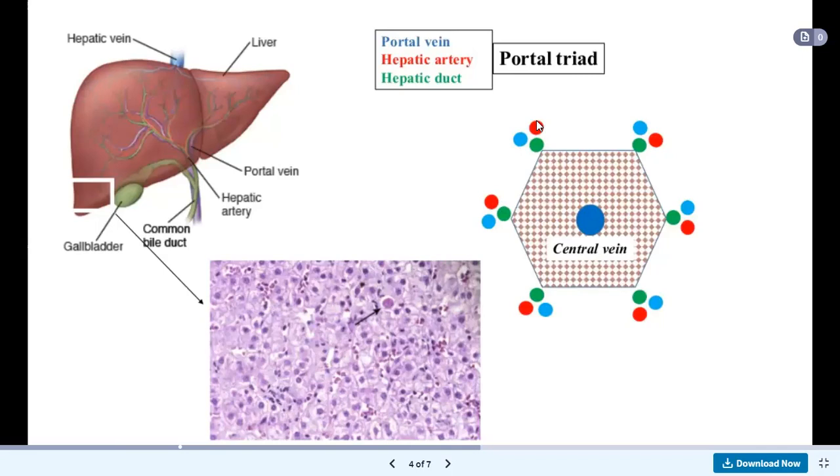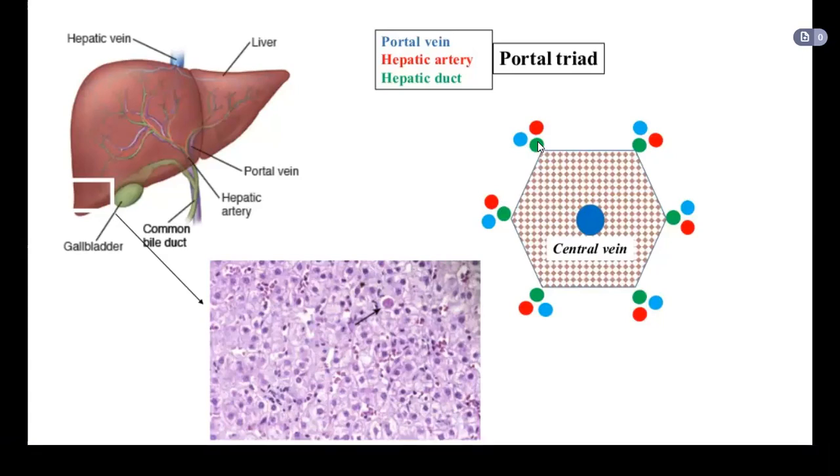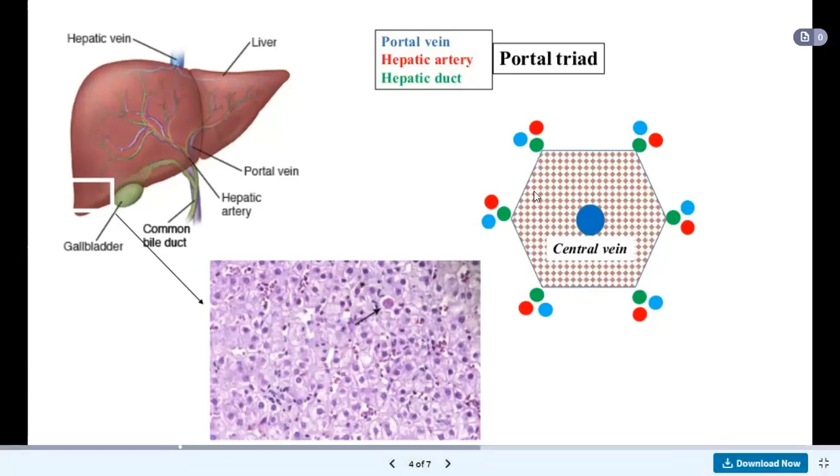So what happens is that the hepatic artery is bringing blood into the liver, the portal vein is bringing blood into the liver, while the bile duct is carrying bile from the liver to the small intestine.